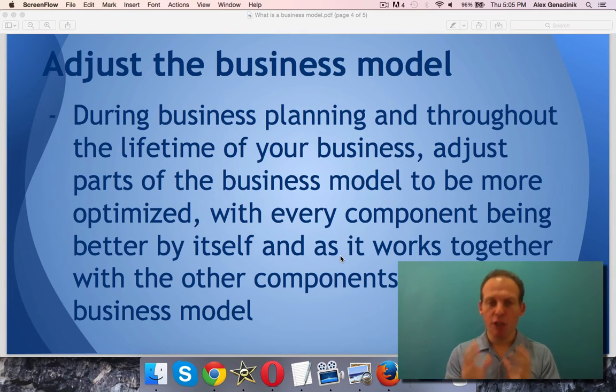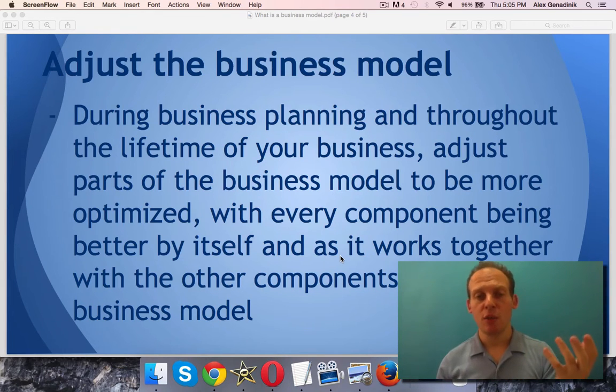You always have to adjust each part so that different parts of the business work well and work naturally with other parts of the business. For example, if you have a product that you made, and it's a good product, but are there natural marketing strategies for it? If there isn't, how are you going to sell it?